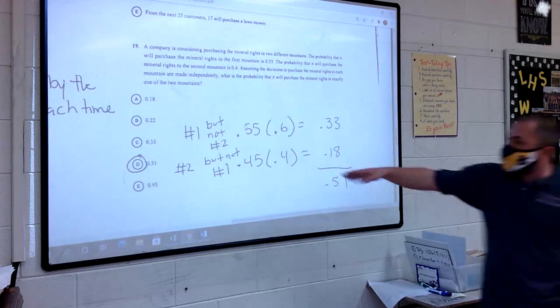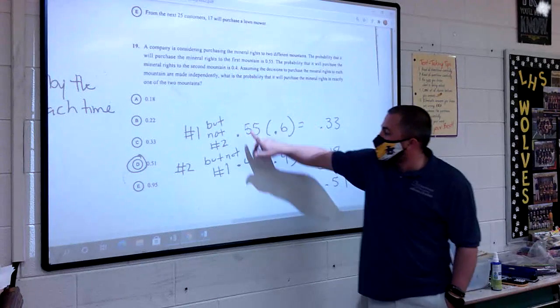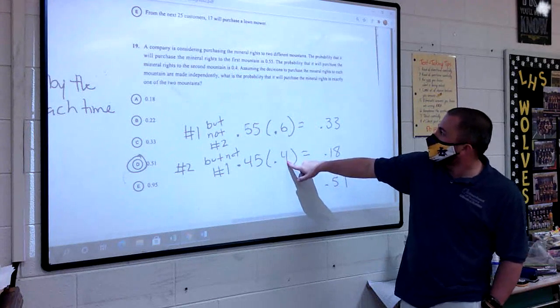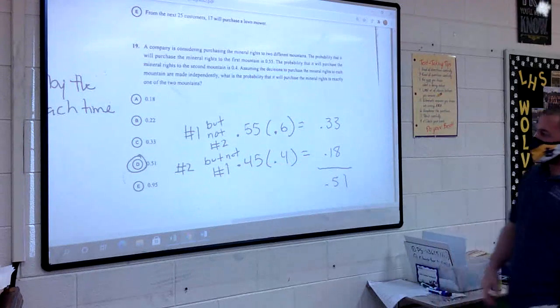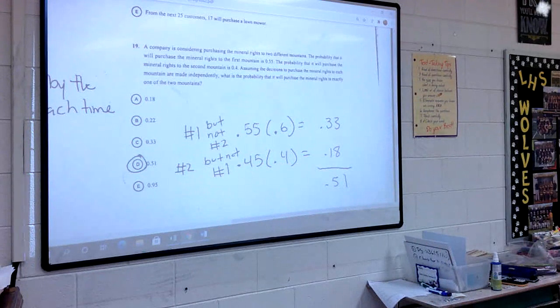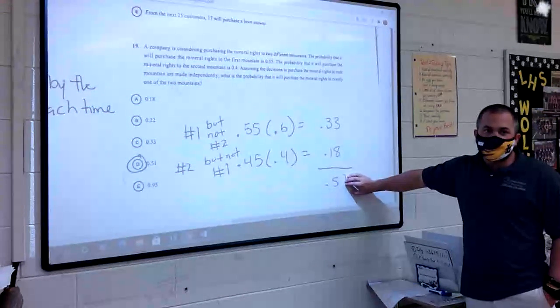And then we've got to do the other way. The chance that it purchases the mineral rights to the second one is 0.4, but not the first one. That would be 0.45, the complement of that. So not the first one, but it does purchase the second one. That is 0.18. So I've got to add together the 2 probabilities to get my chance.